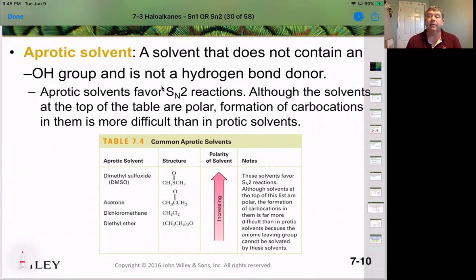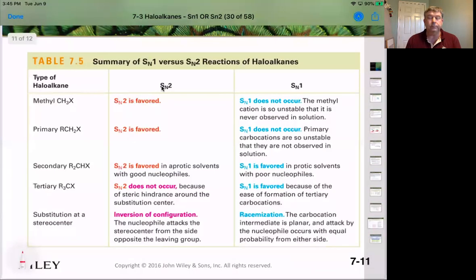None of these have acidic OHs, the hydrogens on the OH, and therefore they actually don't stabilize that carbocation. And so these make the SN2 type reactions more common, specifically with secondary alkyl halides.